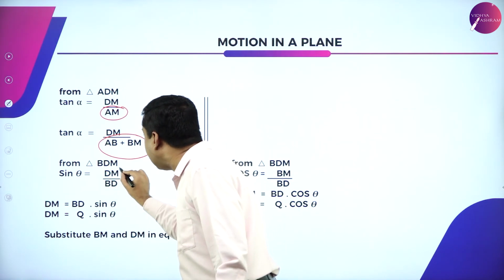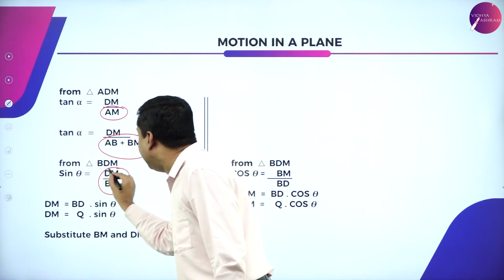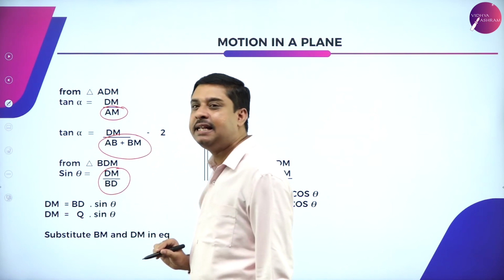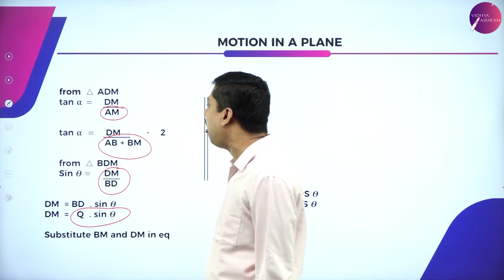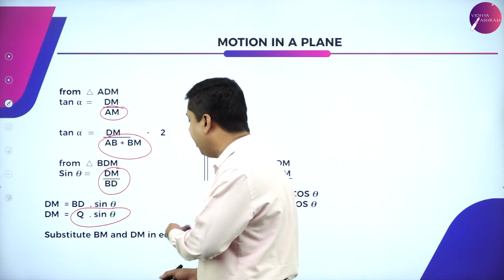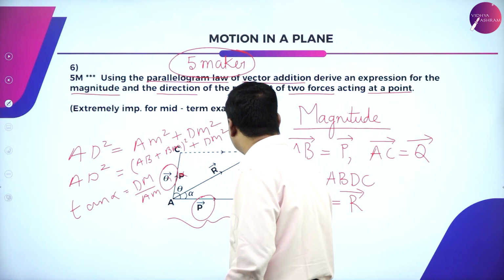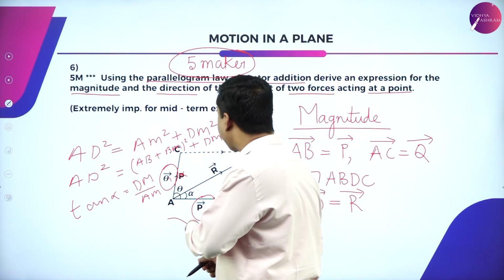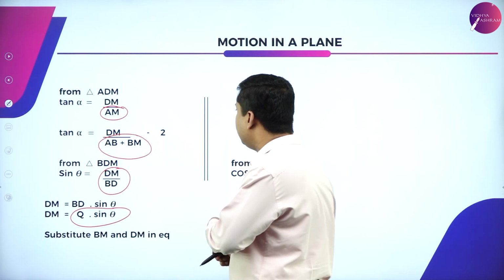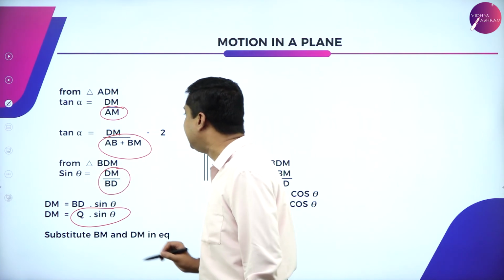So sine theta is DM by BD, or DM is BD sine theta, which is Q sine theta.